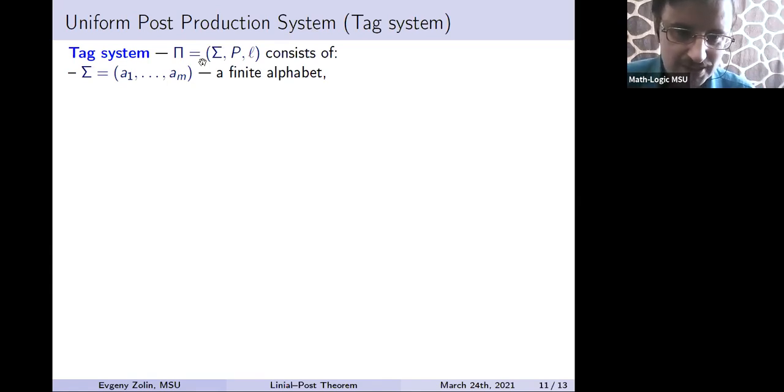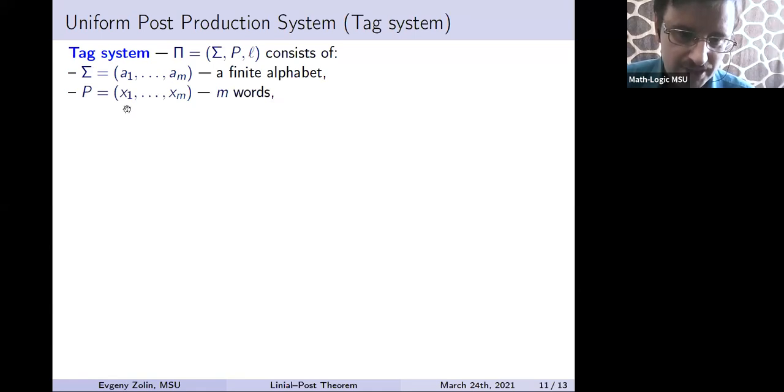So a uniform Post production system, or in other terminology a tag system, is a triple. It consists of a finite alphabet. We need some order of letters, so we don't say a set, but we say an ordered m-tuple. Technically, we need this.